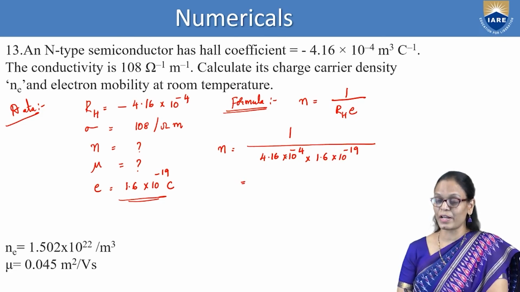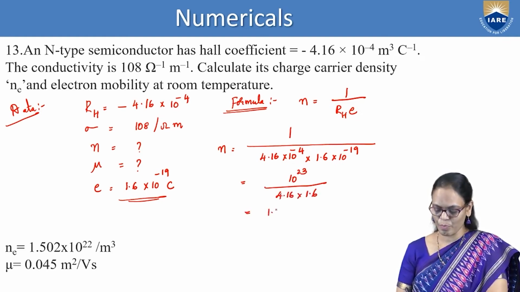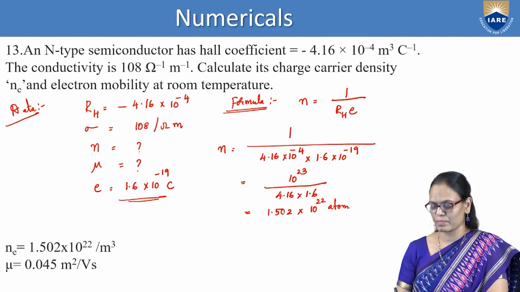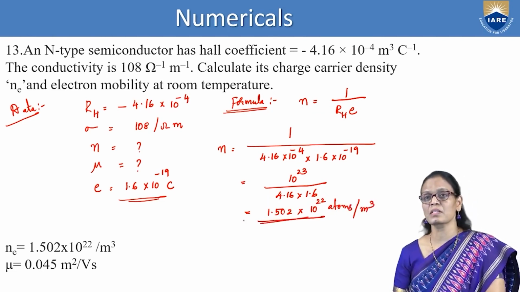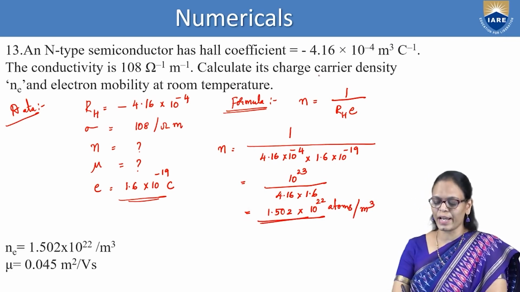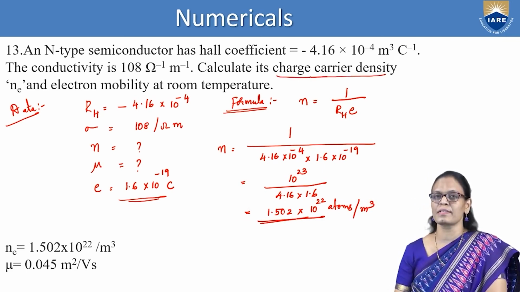So when we simplify, you can take 10 power minus 4 and 10 power minus 19 is 10 power minus 23. So 10 power 23 upon 4.16 into 1.6. We get 1.502 into 10 power 22 atoms per meter cube. This is the concentration, or the charge carrier density.